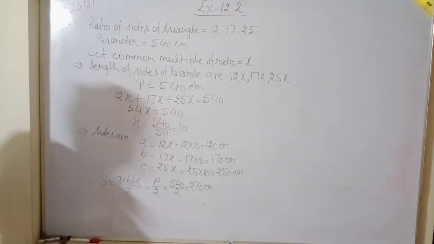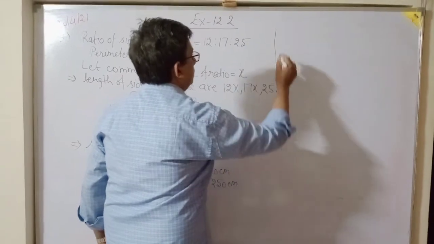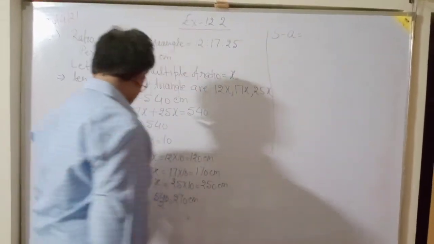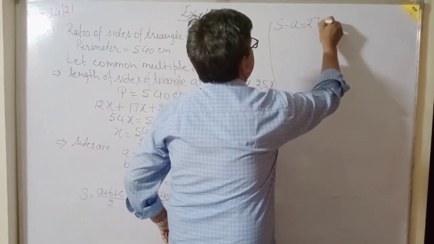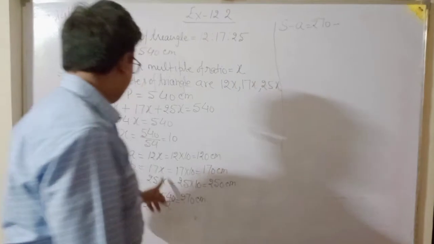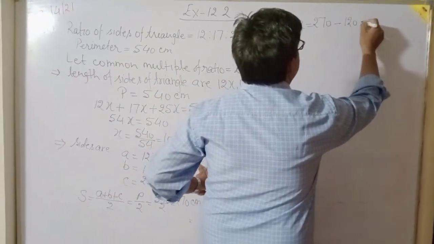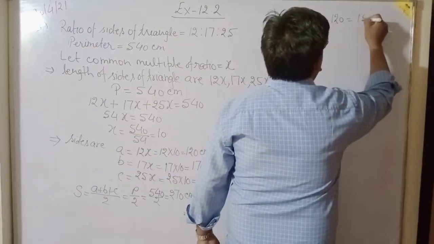Now S minus A. S minus A will be, the value of S is 270, minus, and the value of A is 120. It will be 150 centimeter.